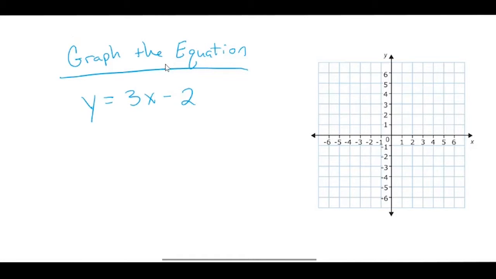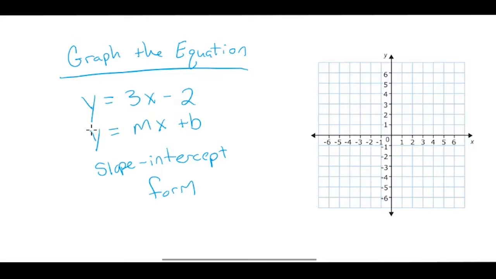Today, I'm going to show you how to graph an equation, all right? This equation is in the form y equals mx plus b, and this is called slope intercept form, okay?